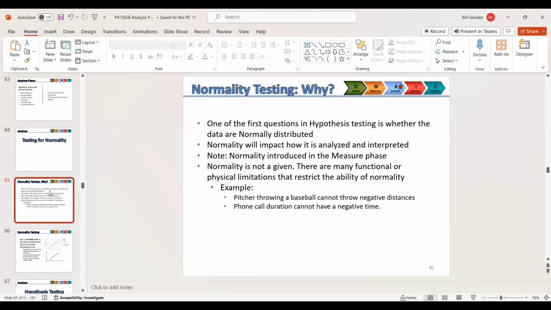So I want to know if my data is normal. And it'll impact how we analyze and interpret it. It's not a given. And there's some physical limitations that restrict the ability of normality.